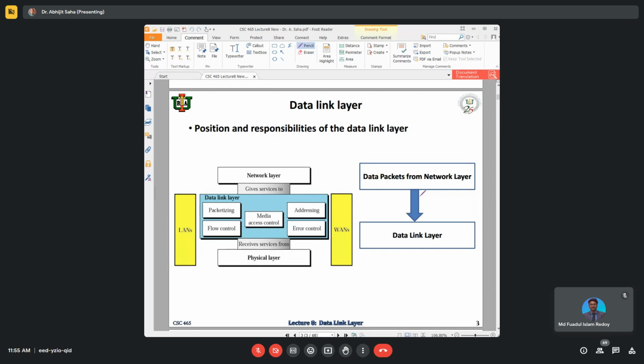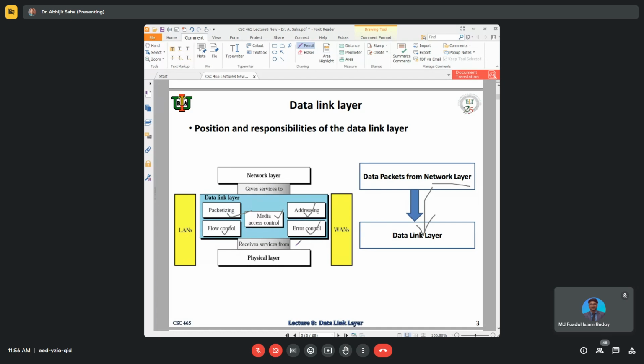So from the encapsulation and decapsulation process of the TCP/IP protocol stack, we know that in the data link layer, the data will come from the network layer. When it reaches the data link layer, the data link layer has some services that you can see here: packetizing, flow control, media access control, addressing, error control.